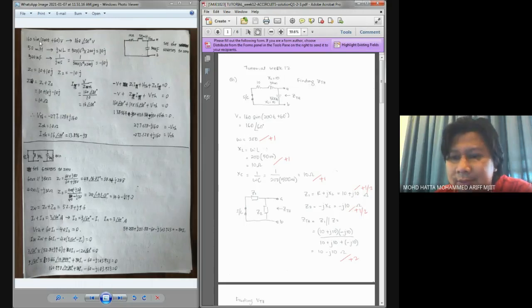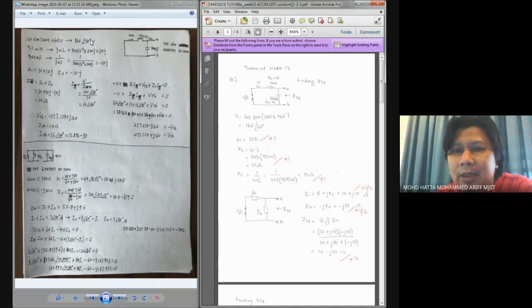Is it conversion to cosine? But basically, you don't need to do that. Because you didn't mention cosine over here, I assume this is a direct conversion from time domain into frequency domain.